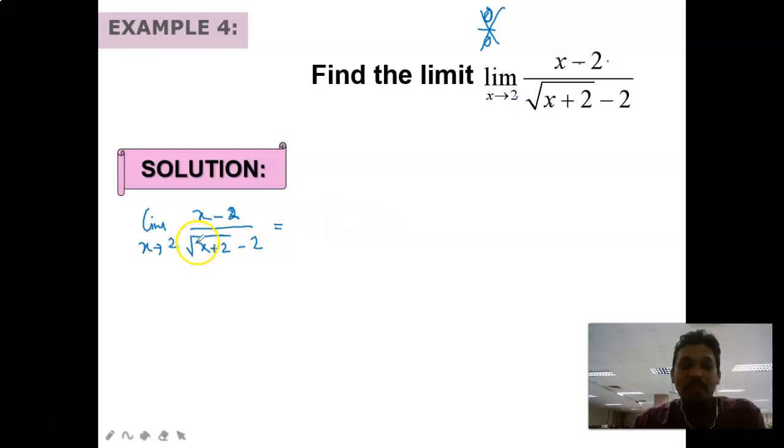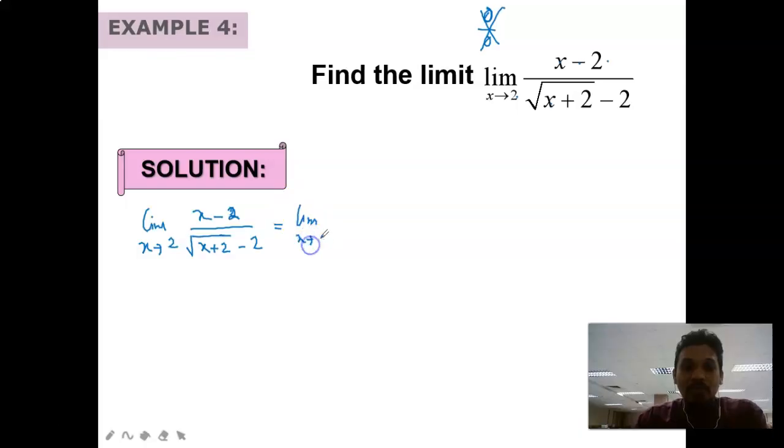The reason we multiply is that we try to avoid the denominator becoming equal to 0. So again, 2 plus 2 equal to 4, square root of 4 equal to 2, then 2 minus 2 equal to 0. We're going to try to avoid that. So let's take a look at this one slowly.